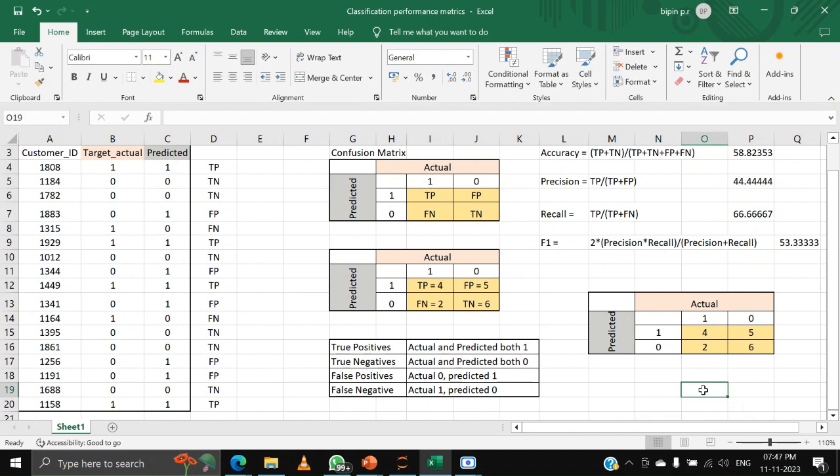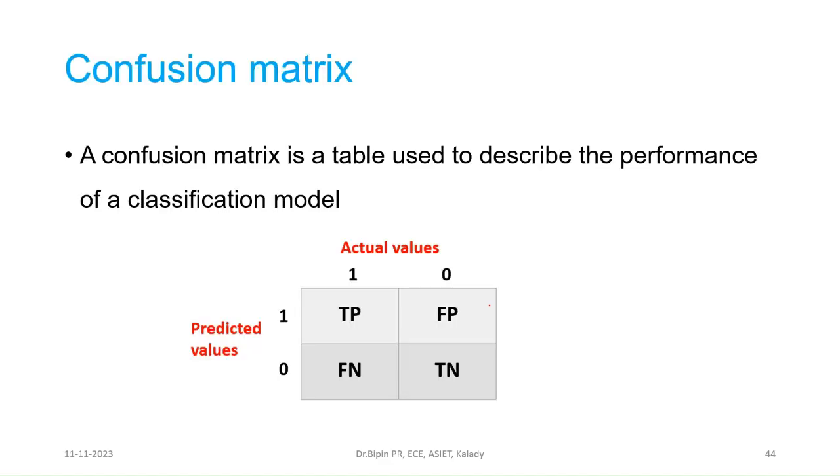Okay, so I will proceed. Now I have these values: 4 as true positives, 5 as false positives, 2 as false negatives, and 6 as true negatives. Now, actually this is the confusion matrix.